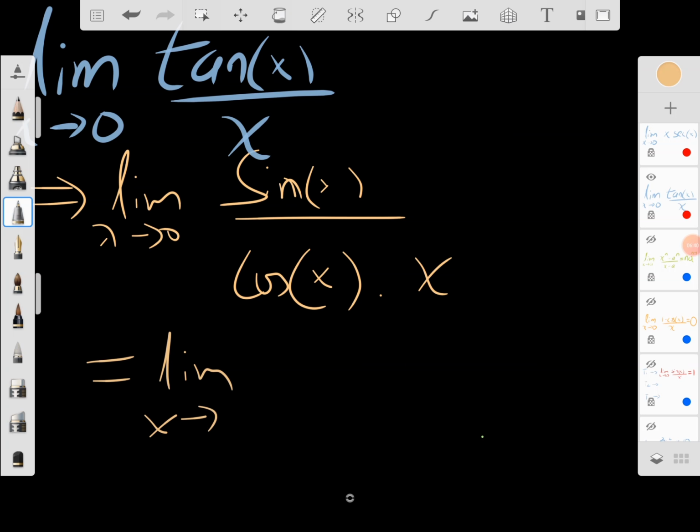So x tends to 0, sin x by x approaches 1, so it is 1 divided by cos of x. Note that sin x by x approaches 1 only when x approaches 0. That you should remember. Only when x approaches 0 does sin x by x approach 1.